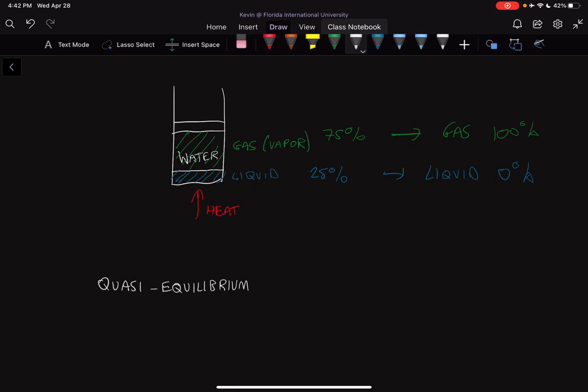And we can also think of it as a quasi-steady state change. So what that means is that all properties change slowly along the path line.